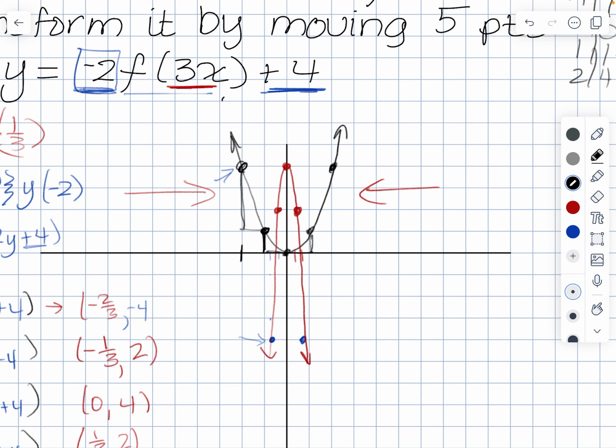And then when you go to the next one, you're going down instead of up, but then it was down 2, and then down 6. So you can also see the vertical stretch happening. And then instead of going up, it's going down, so you can see the vertical reflection, and then the shift up 4 because your vertex moved up 4.